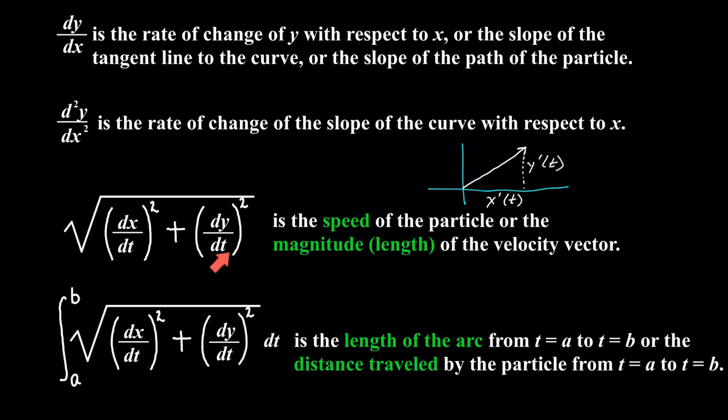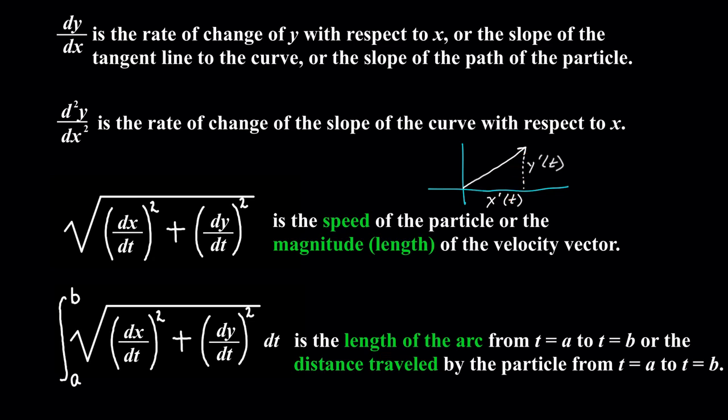So when you see this square root of (dx/dt) squared plus (dy/dt) squared, that's really just the Pythagorean theorem. It just gives us the length of this velocity vector. Again, the velocity vector has a velocity in the horizontal direction and a velocity in the vertical direction.